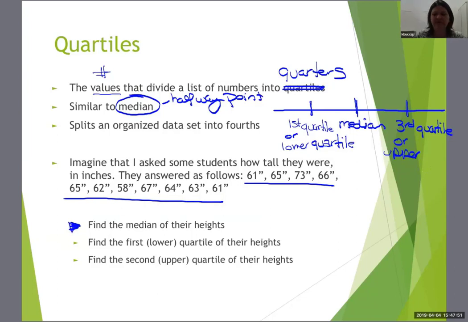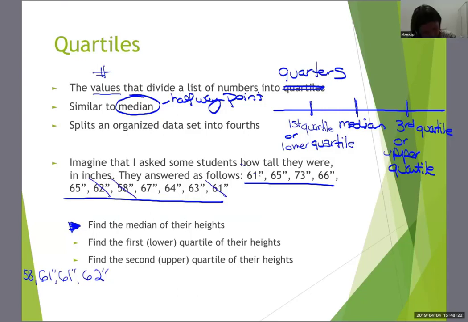Oh, we've done this before. Help me out. How would I go about finding the median? You're going to list the numbers in order. Here we go. I'll do my 61, and then it looks like there's another 61 and a 62. Oh, I missed one, guys. I missed a 58.